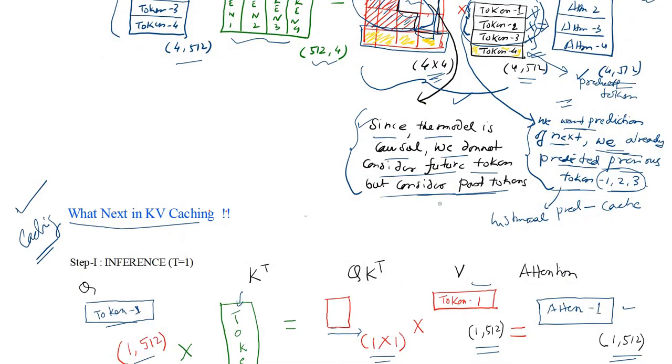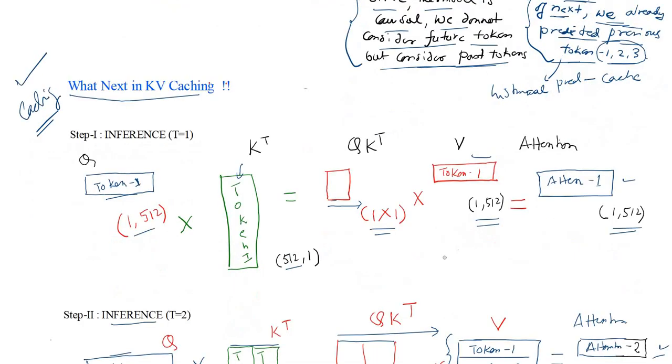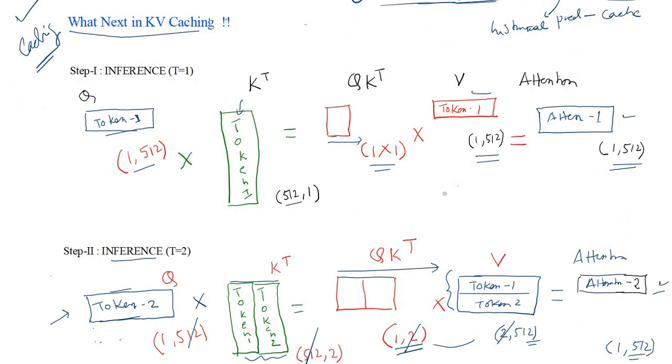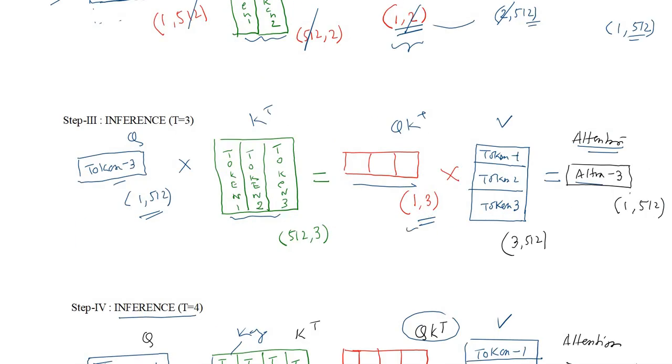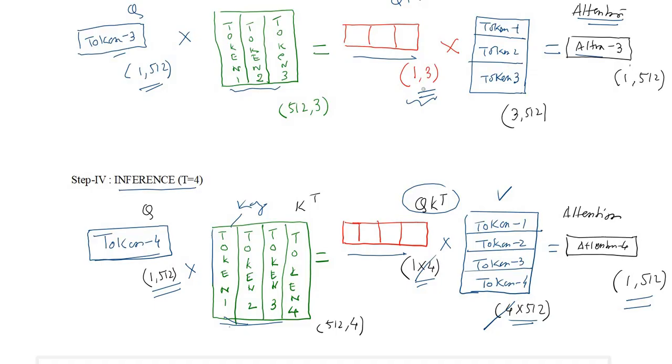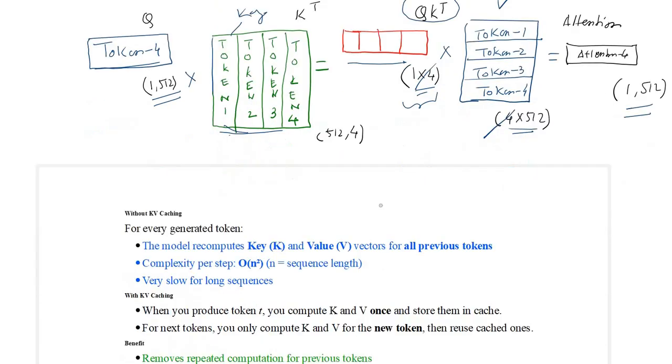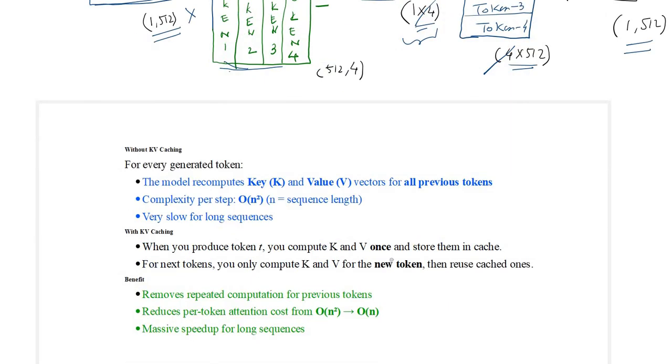But if I do the KV caching, the dimension is increasing in terms of rows only, not in terms of the matrix: 1 cross 1, 1 cross 2, 1 cross 3, and 1 cross 4. So that means we can optimize the attention mechanism using KV caching.